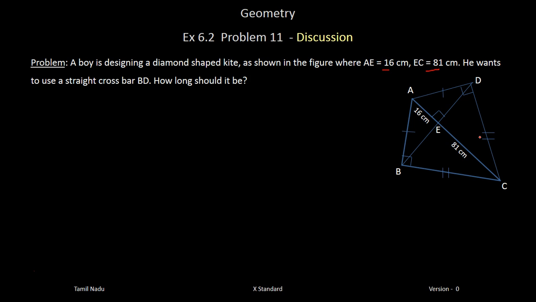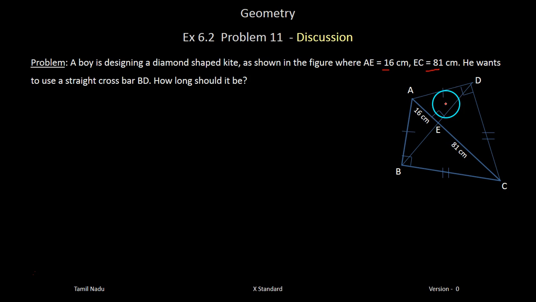And then there is one more property, the RHS theorem, right angle, hypotenuse, side, by which if you have one side and the hypotenuse of a right triangle equal in both triangles, then the two triangles are congruent.